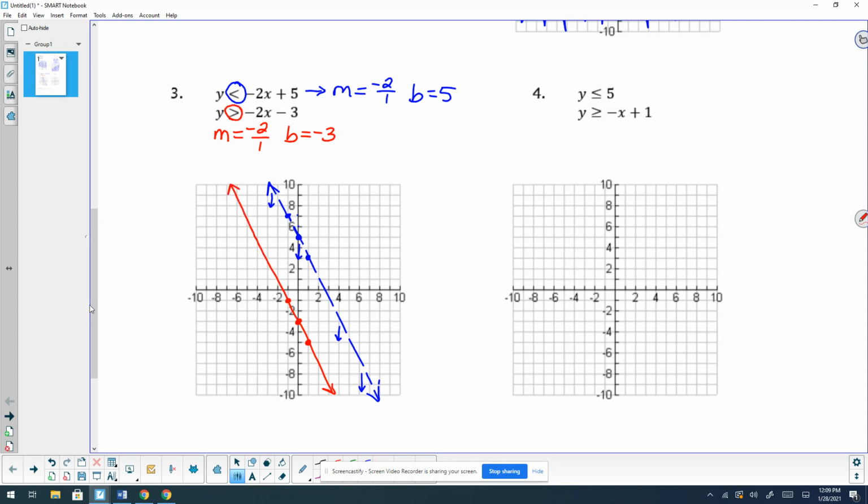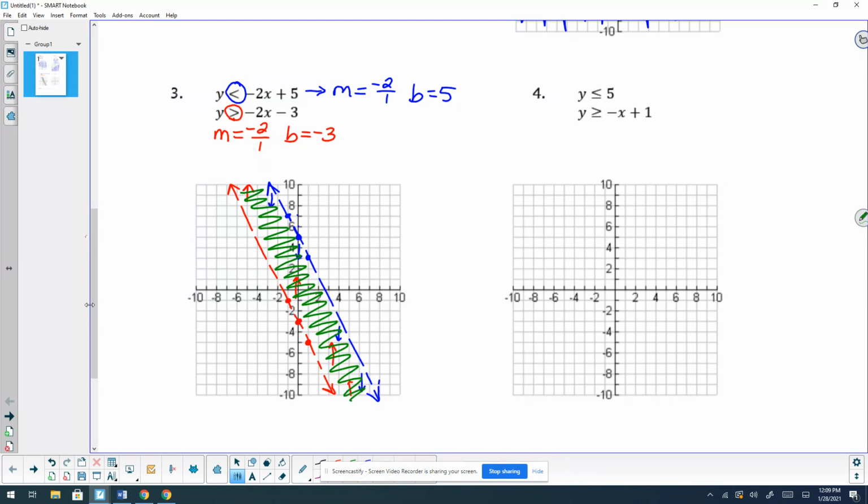Again, this is just a greater than, so this will be a dashed line. Greater than means I want to shade up. So I want to shade anywhere where the arrows are pointed at each other, which is just going to be this area directly in between the two parallel lines.